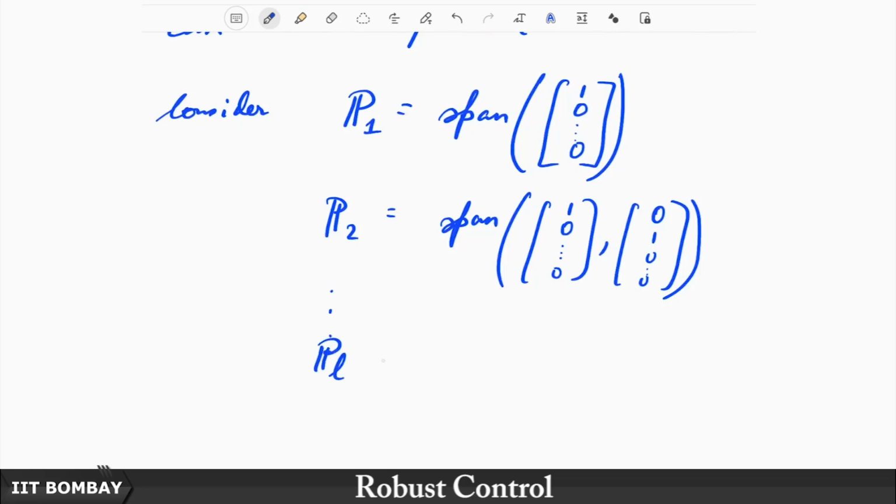So, let PL be the entire C to the L, because you see where this is going.